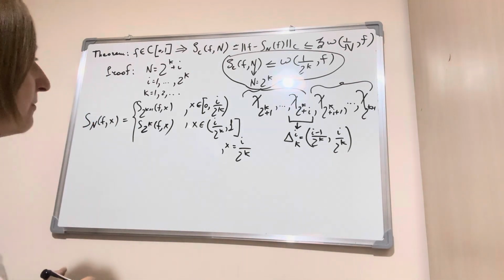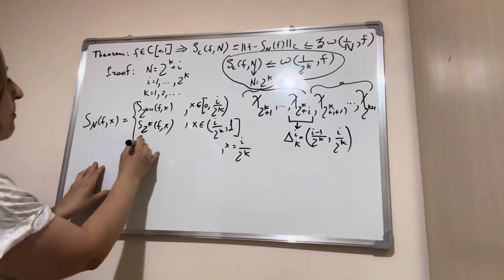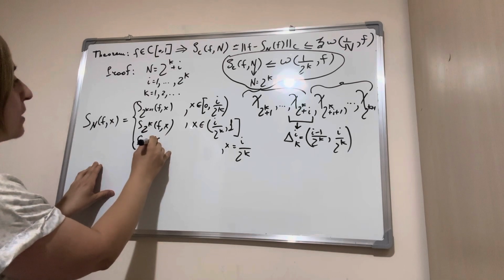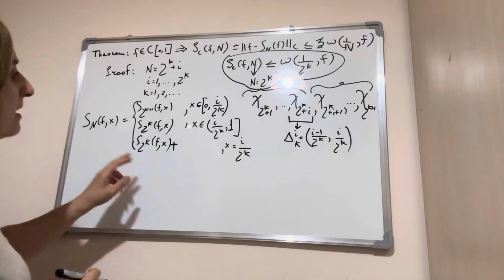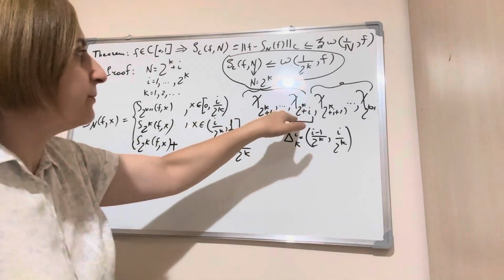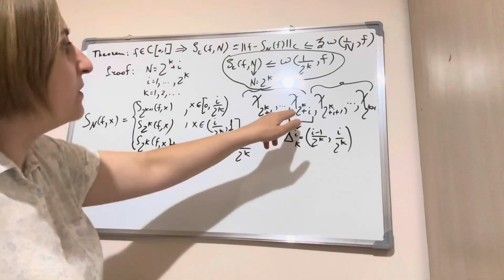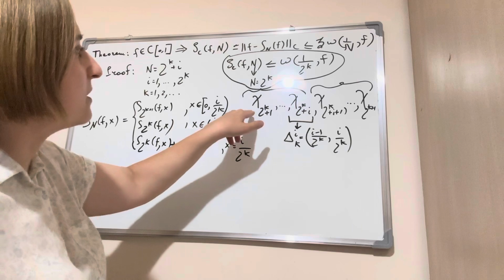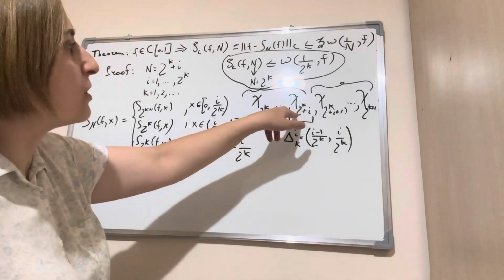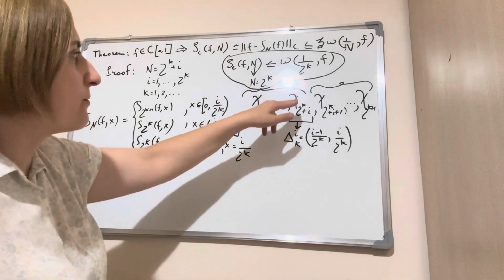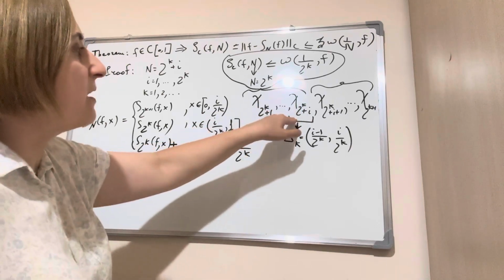And finally, if x is exactly i over 2^k, then the nth partial sum is equal to the 2^k partial sum, S_{2^k}(f,x), plus the value of the nth Haar function at i over 2^k, because the only one out of the Haar functions chi_{2^k+1}, etc., chi_{2^k+i}, which is not 0 at i over 2^k is the last one, the nth Haar function.